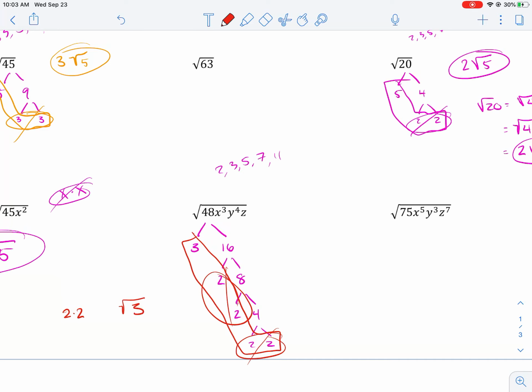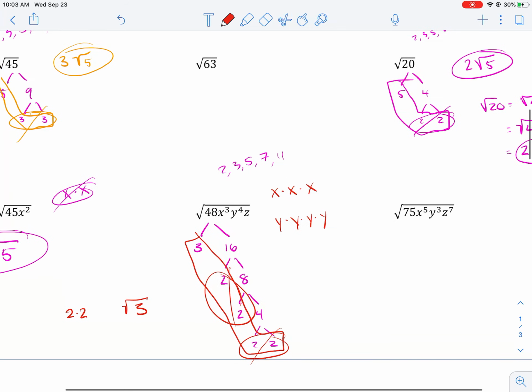gets left behind. Okay, now we got to figure out what to do with these letters in here. So that's why I was telling you to do this. So there's 3 x's, there's 4 y's, and we already know that z is going to get left behind because it's only got 1. So I'm going to put the z right down there.